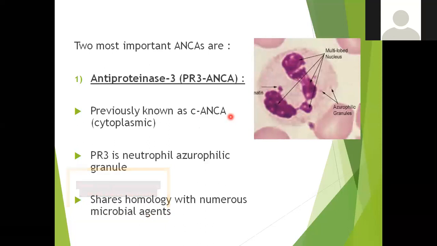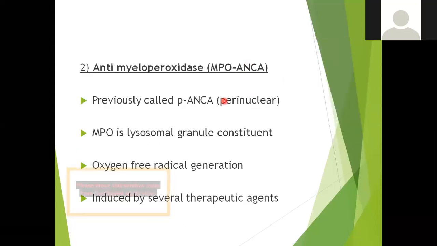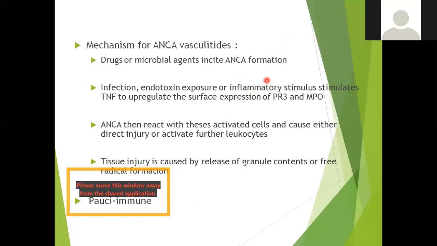which was previously called Wegener's granulomatosis, right? And the second type of ANCA is MPO ANCA, which was previously called P ANCA, right? It is typically seen in Churg-Strauss syndrome and microscopic polyangiitis. So two diseases with MPO ANCA and one disease with PR3 ANCA.